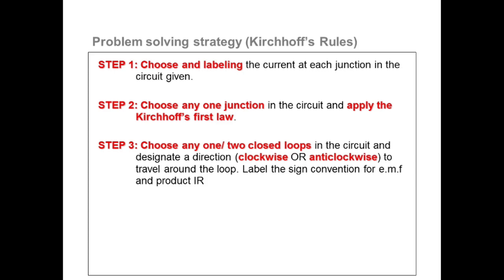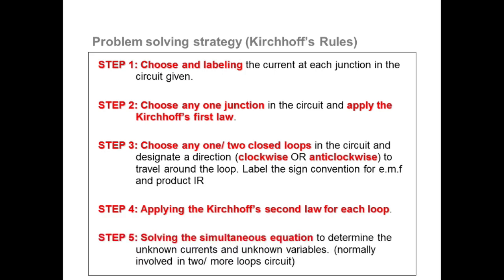Third, we choose any loops, one or two closed loops, depending on the question, and apply the second law for each loop. Last, we solve the simultaneous equations, depending on the question and the variable asked.